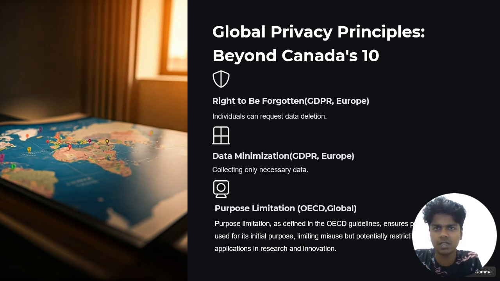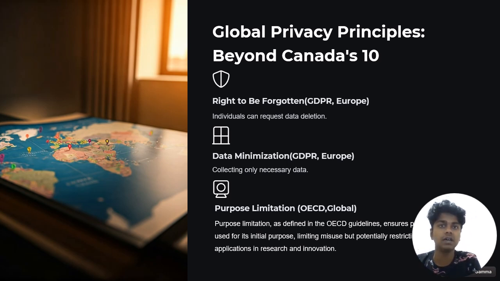RTBF is complex to implement due to technical and legal challenges. Data may be replicated across platforms, and exceptions to RTBF exist, such as those concerning freedom of expression. Smaller organizations may face additional burdens in ensuring compliance across diverse data repositories.